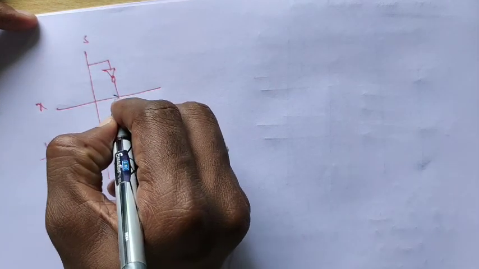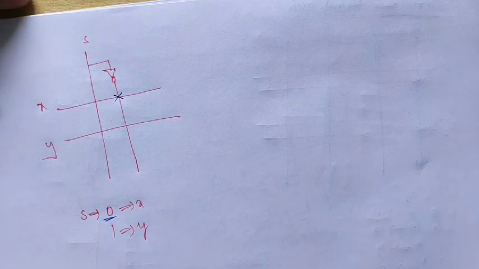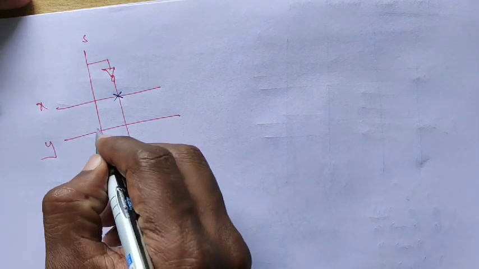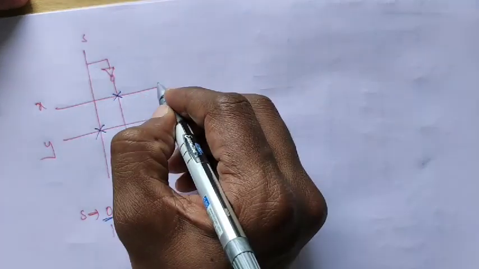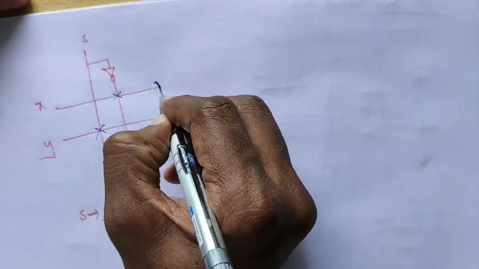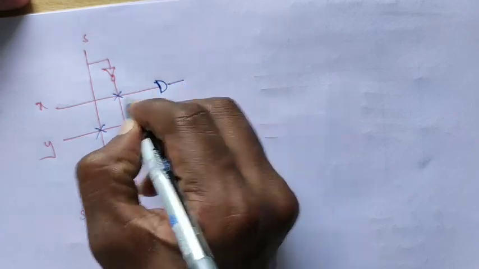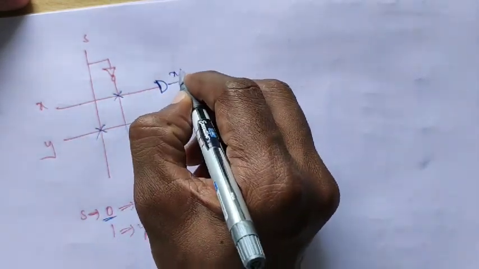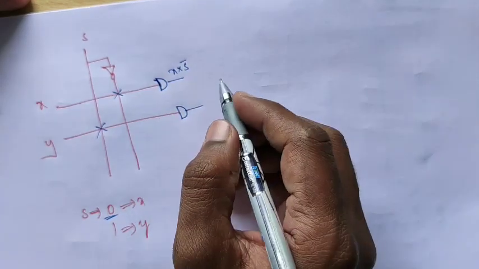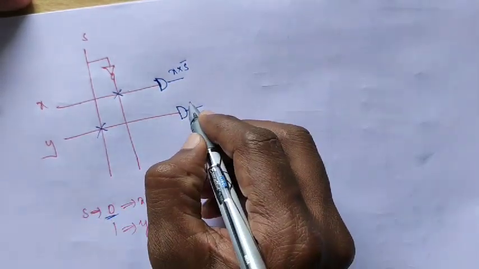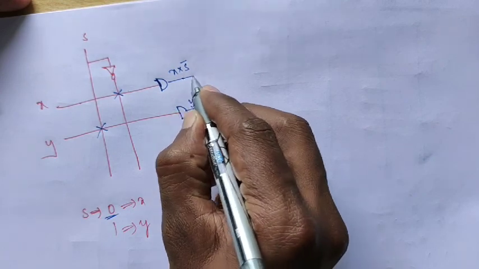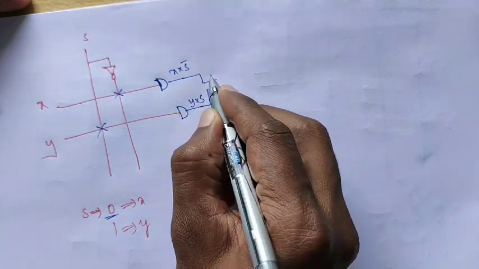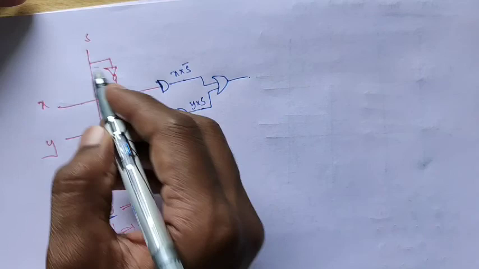So according to that, when S is equal to 0, X is connected. Okay, when S is equal to 1, then Y is connected. So this is the multiplication of X into S bar, and here Y into S. These two are AND logic.